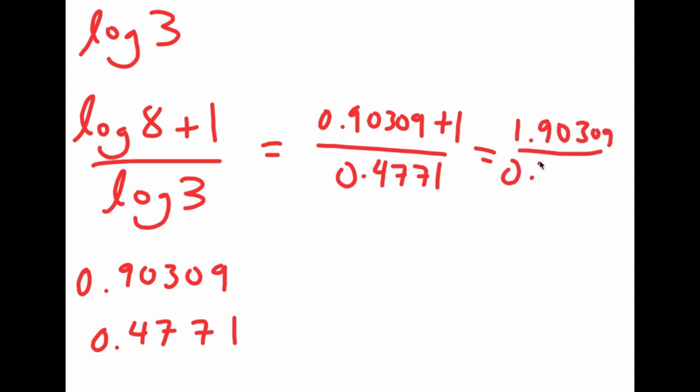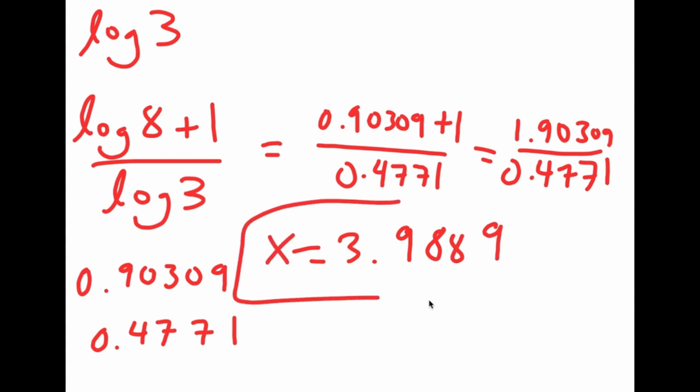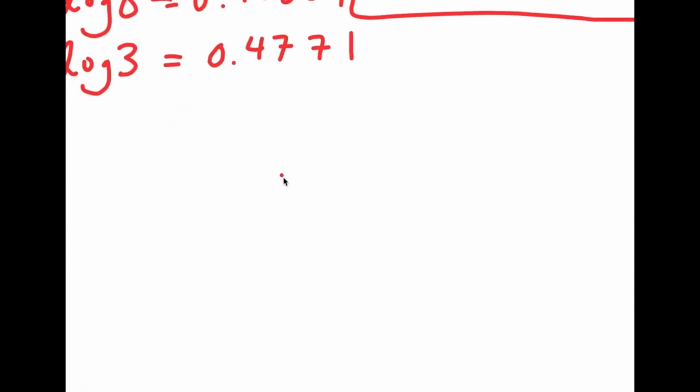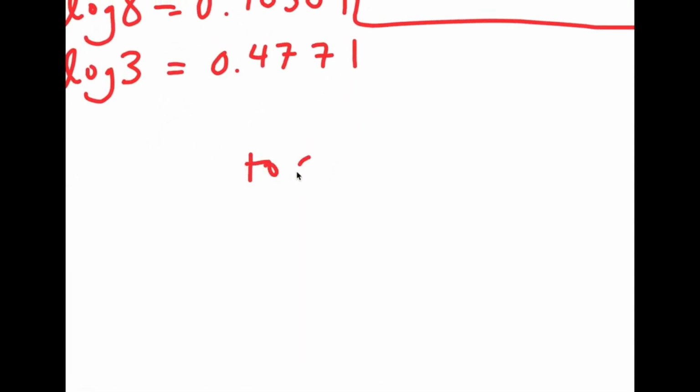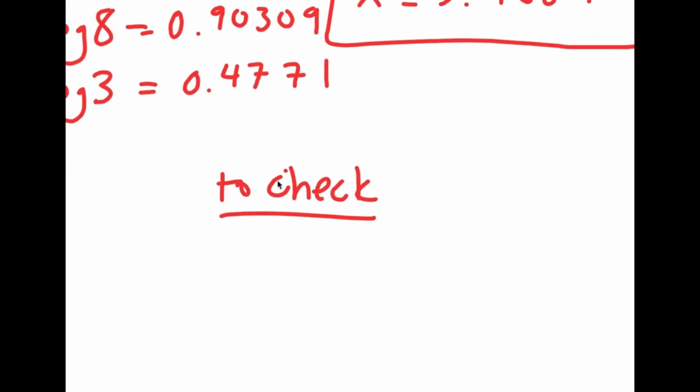And this is equal to 1.90309 over 0.4771. Now 1.90309 over 0.4771 is equal to 3.9889. So x is equal to 3.9889. Now, the only thing left to do is to check if my solution here is correct.